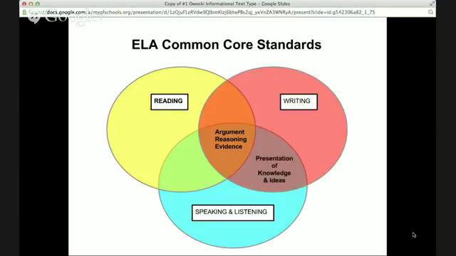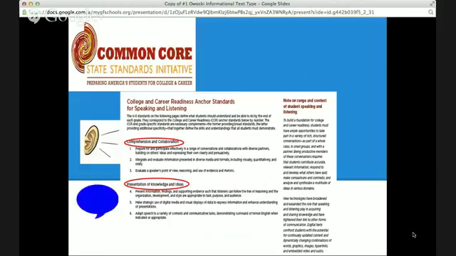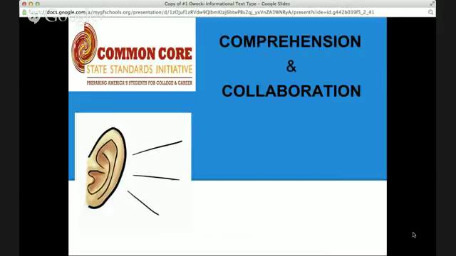And it's in that cluster of presentation of knowledge and ideas. And so we're going to look a little deeper into that so you know exactly how that overlays. In September, we looked at the speaking and listening standards, basically broken into two groups. The comprehension and collaboration was the listening standards, of which there's only 3, and presentation of knowledge and ideas were the speaking standards, again, of which there's only 3.